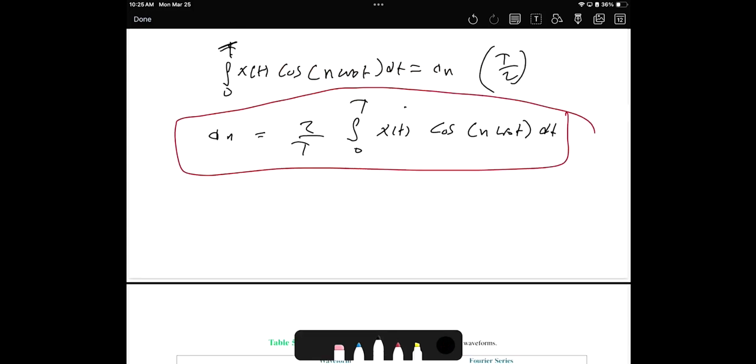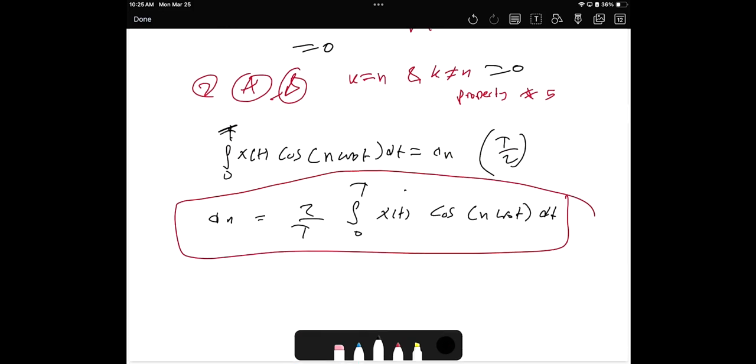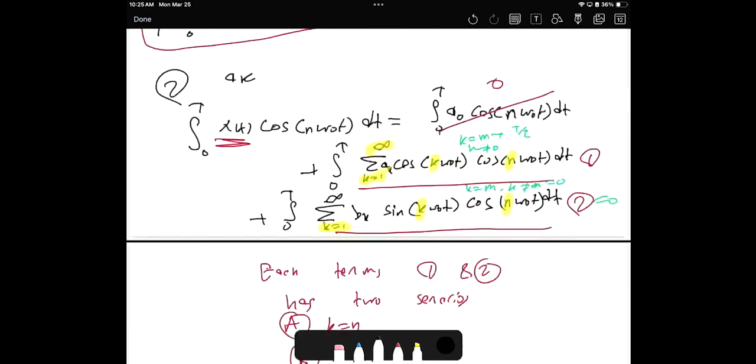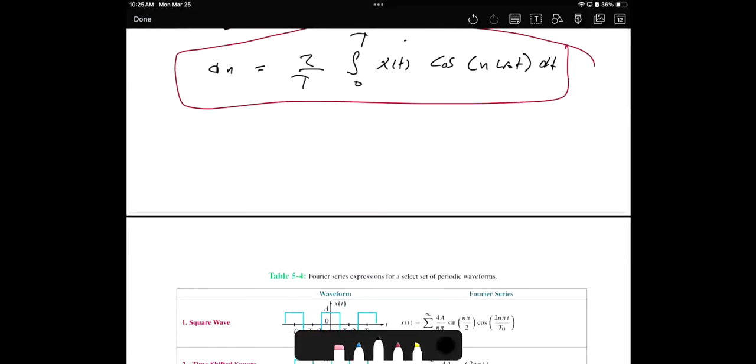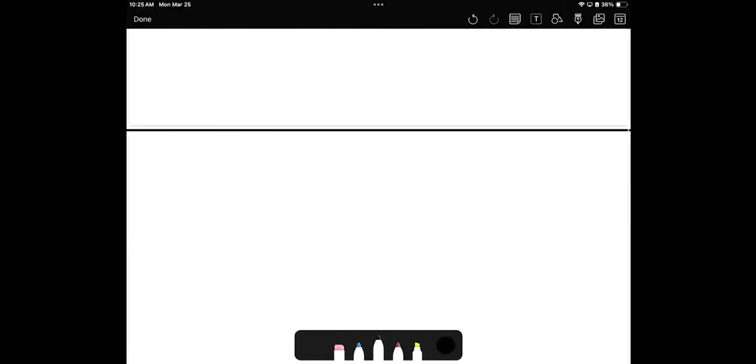Step number 3, we need to calculate b sub n. How to calculate it? We take the integral from 0 to T of x(t) sine m omega naught t dt.